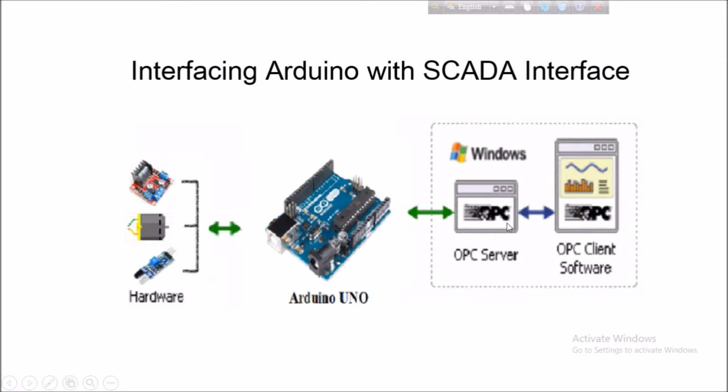So next, we have to download the Arduino OPC server software online, install this software on the PC, and finally configure it so that the OPC server can communicate with the Arduino UNO microcontroller.